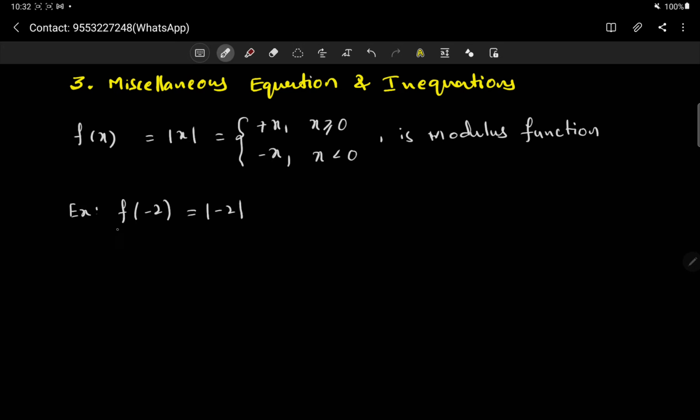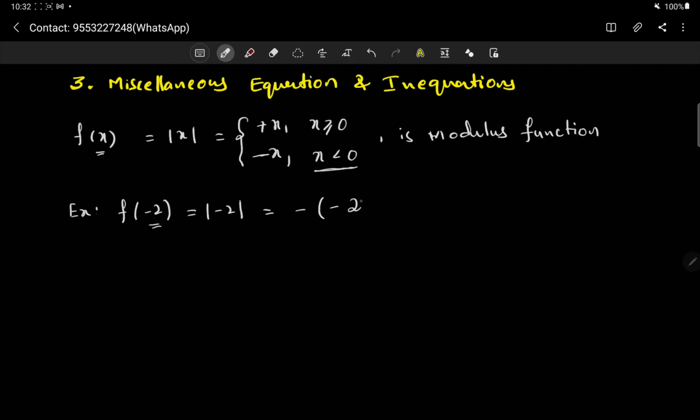Okay, so f of minus 2, that means in place of x we are writing this minus 2 on both sides. Then modulus of x is equal to what? See here, we are substituting a negative number, that means this is the case. So when x is a negative number, you have to take a negative sign before it, to get the result as positive.